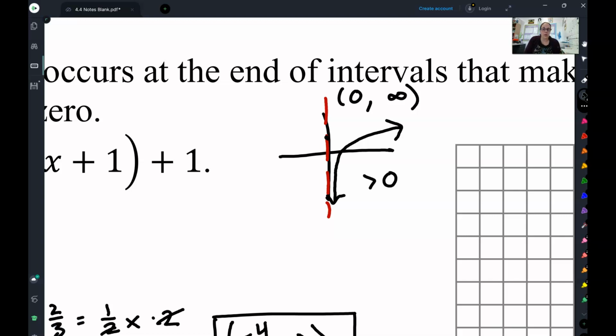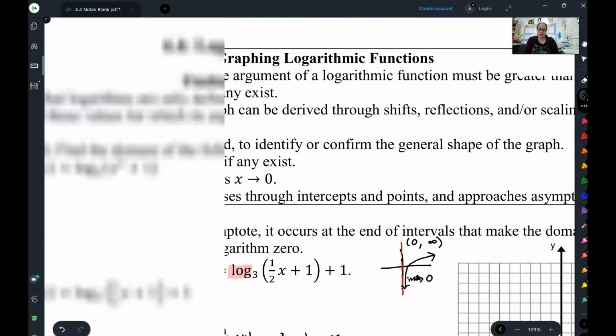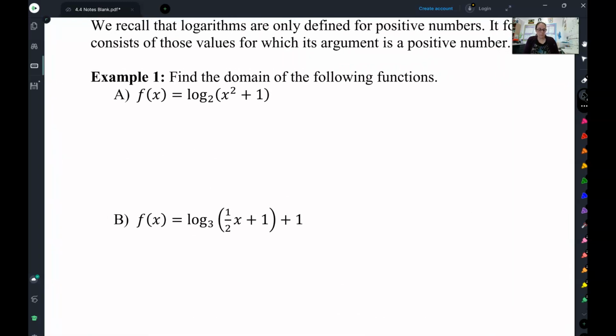We know that with logarithms, we can't plug negatives in. The inside of the logarithm must be positive, greater than 0. So that is how we're going to figure out the domain up here. Basically, our domain is where the inside of the log must be greater than 0, because if the inside is greater than 0, that means it can't be negative, and that's what we want.